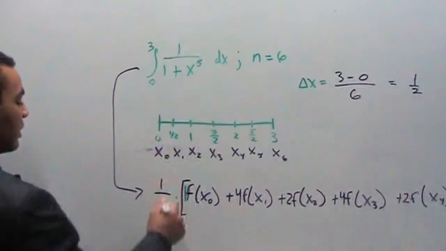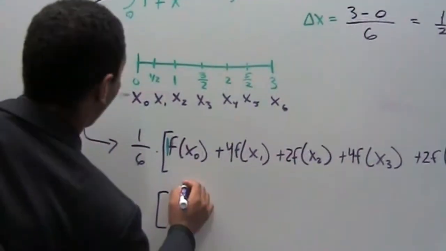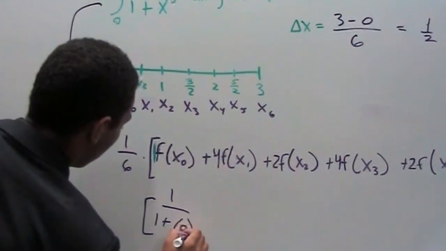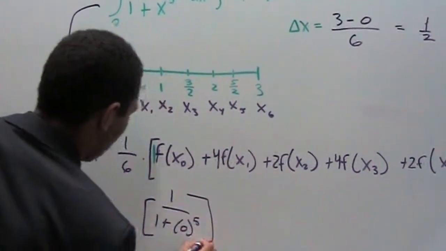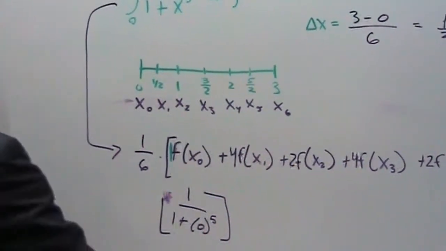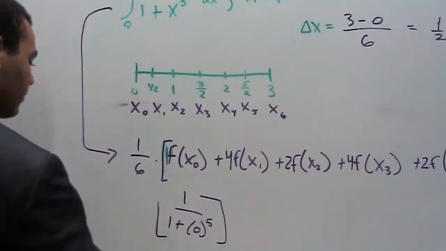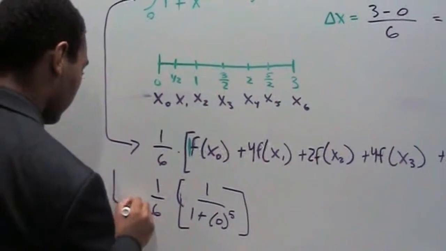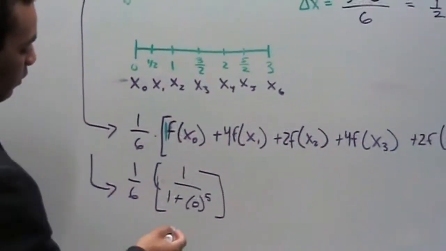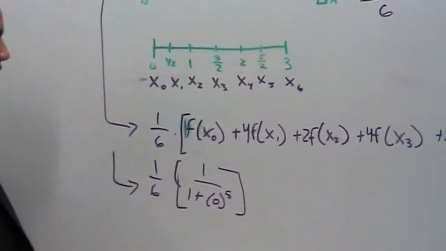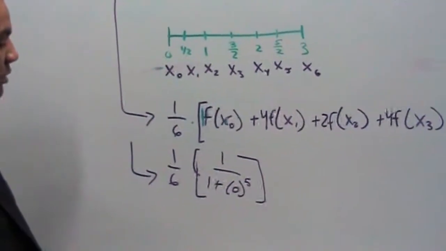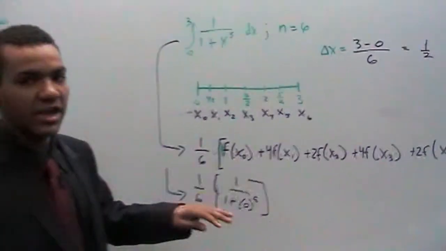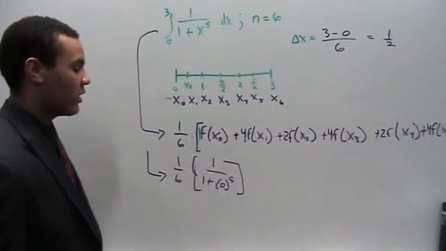So we're going to plug in here 1 over 1 plus 0 to the 5th, because that's x subset 0. And then when we do this out, we see that the answer is just 1 over 1. But we're going to get to that later. We're just going to write everything out first, and then we're going to go ahead and calculate it all.